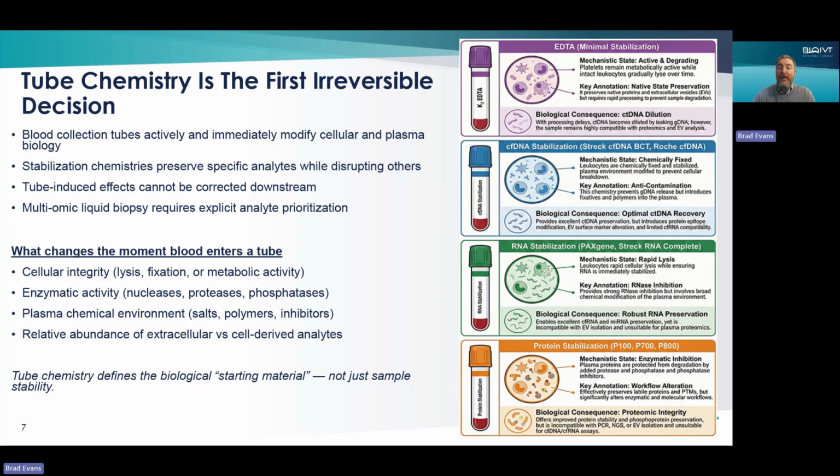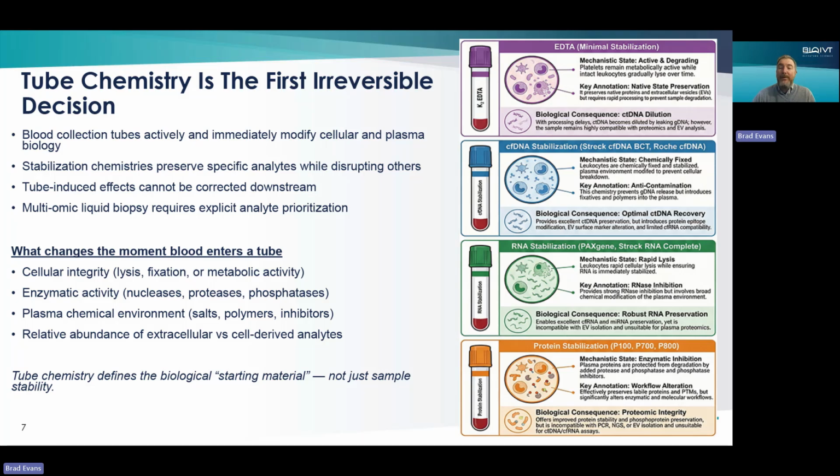These effects cannot be corrected downstream. If genomic DNA contaminates cfDNA because of leukocyte disruption, that signal dilution is baked in. If vesicles are altered by fixation chemistry, their surface biology is already changed. If proteins are chemically stabilized, their native interactions may not reflect the in vivo state.